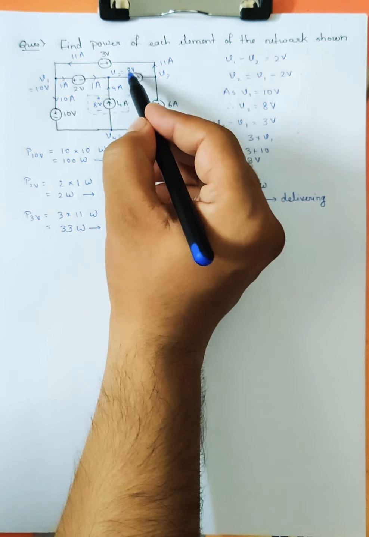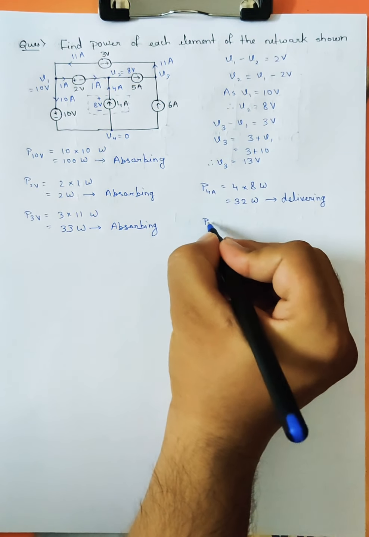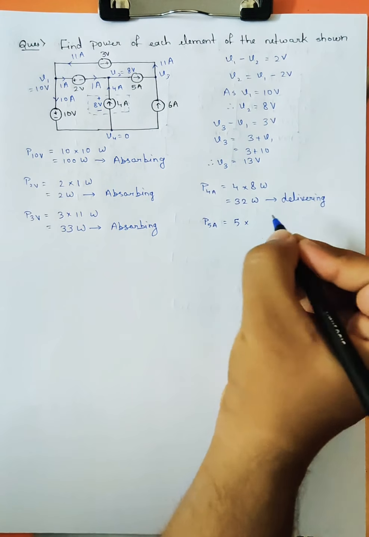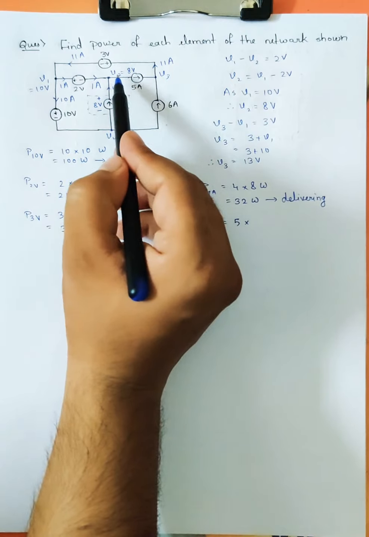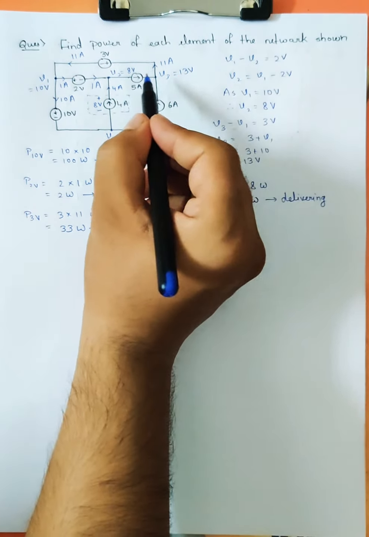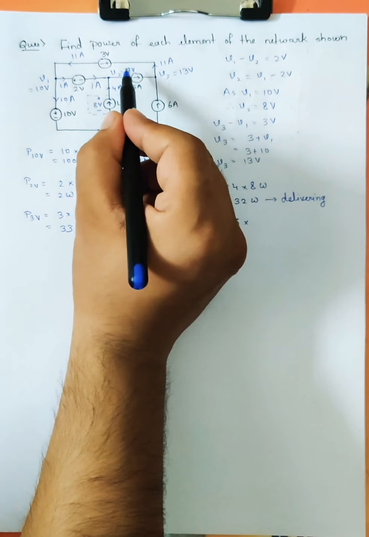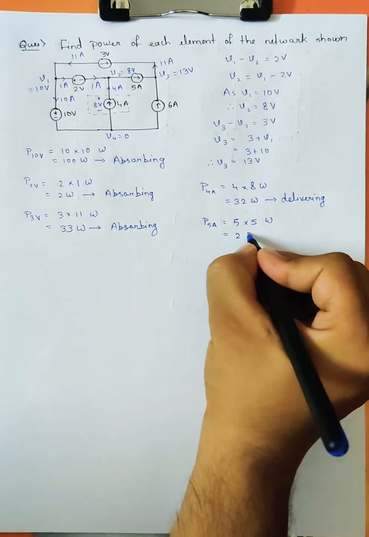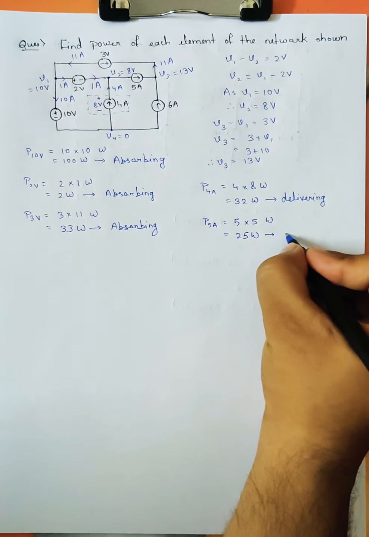Now we will take this element, P 5 ampere. The current is 5 ampere and the voltage across this element is V3 minus V2. As V3 is 13 volts, V3 minus V2 means 13 minus 8, that will be 5. So it will be equal to 25 watt. This is also delivering.